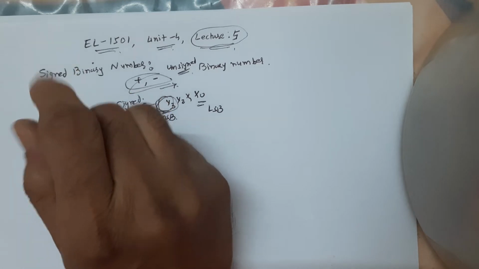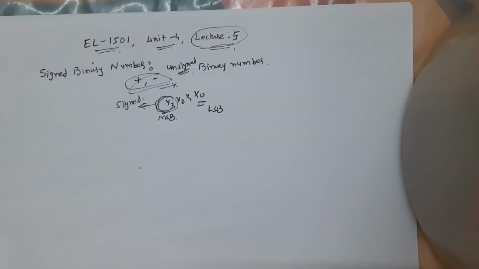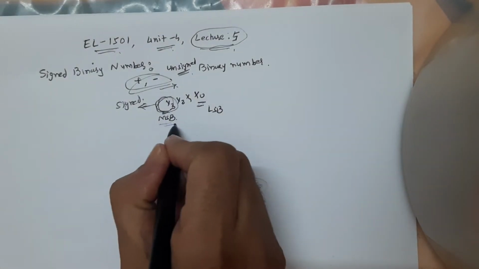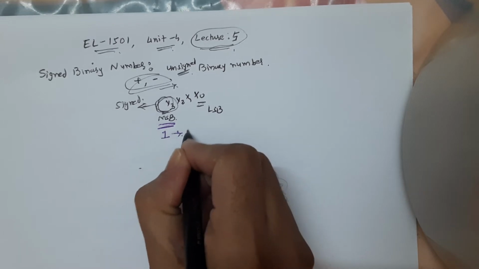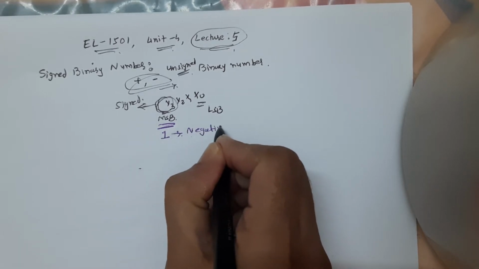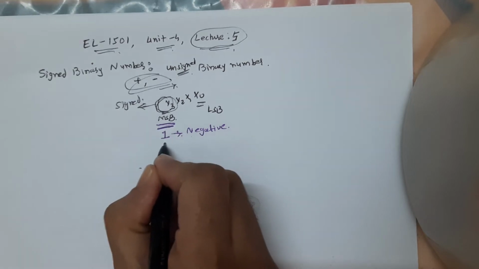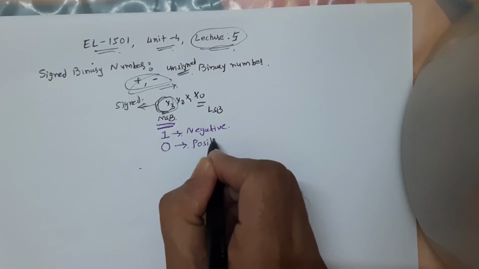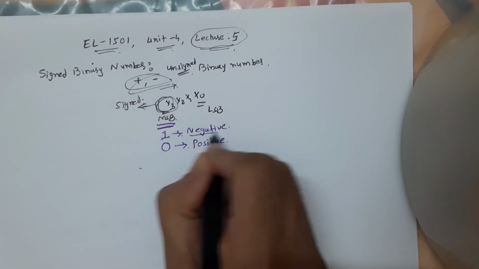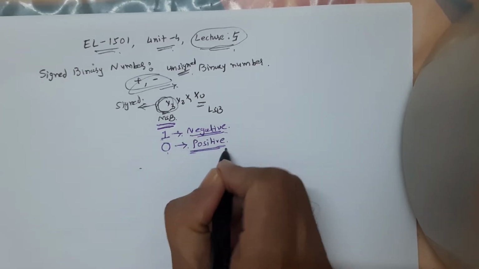Now, there are three methods to represent the signed binary numbers. But here, if the MSB is 1, this shows us negative. And if MSB is equal to 0, it shows us the positive number. 1 means negative number, 0 means positive number.